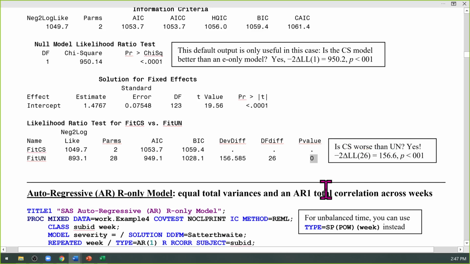What that means is that unstructured, which has 26 more parameters, fits significantly better by a considerable margin. So way out in the tail in terms of where the expected value would be for a chi-square. I think the expected value is the degrees of freedom in chi-square, so 26 is what it would be if it were chance, and 156 is a lot. So yeah, this is not good enough.